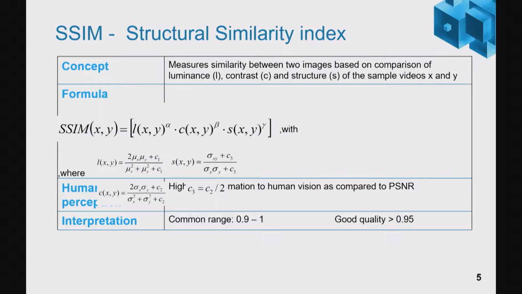SSIM. SSIM is much better. Something is wrong with the formulas, but anyway. SSIM has about 4 times longer formulas, but it corresponds much better with human eyes, but not perfectly as well.